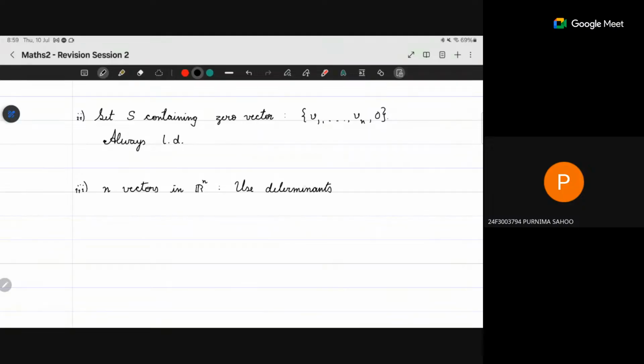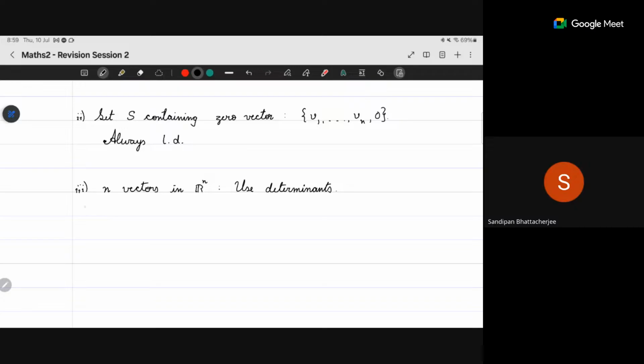Use determinants. When you have n vectors in Rn, if I construct a matrix whose columns are these vectors, then I get a square matrix, because both the dimensions are equal.